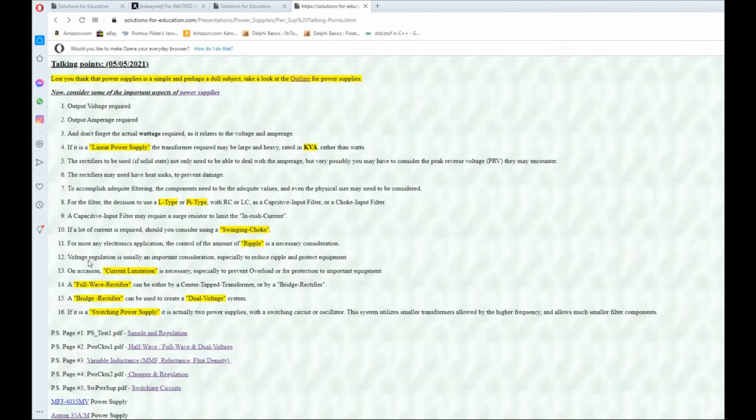Another thing is, if you're going to build a power supply or you buy one, sometimes current limitation is very important. How do they do this? And we're going to look at just how that's done. Okay. You've got a full wave rectifier that we'll talk about, bridge rectifier and how they're used, dual voltage systems. Then maybe later, if we have time, we'll talk about the switching power supply.